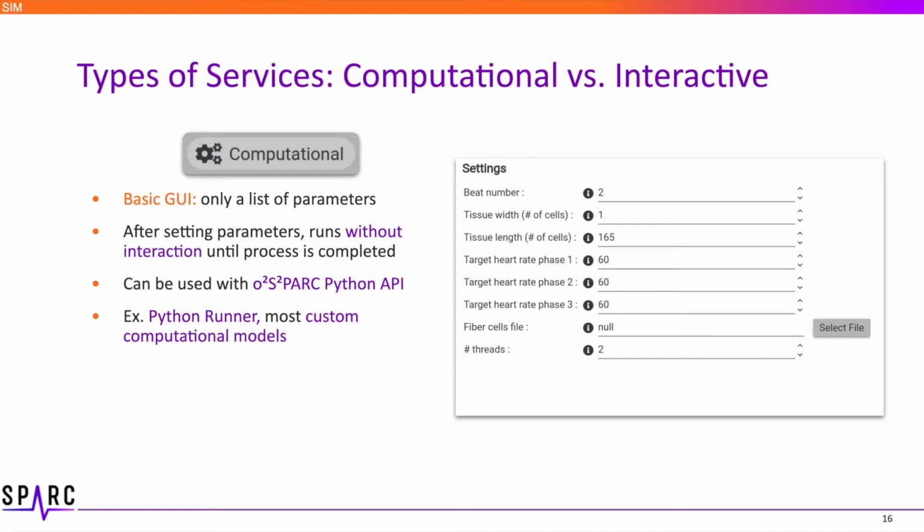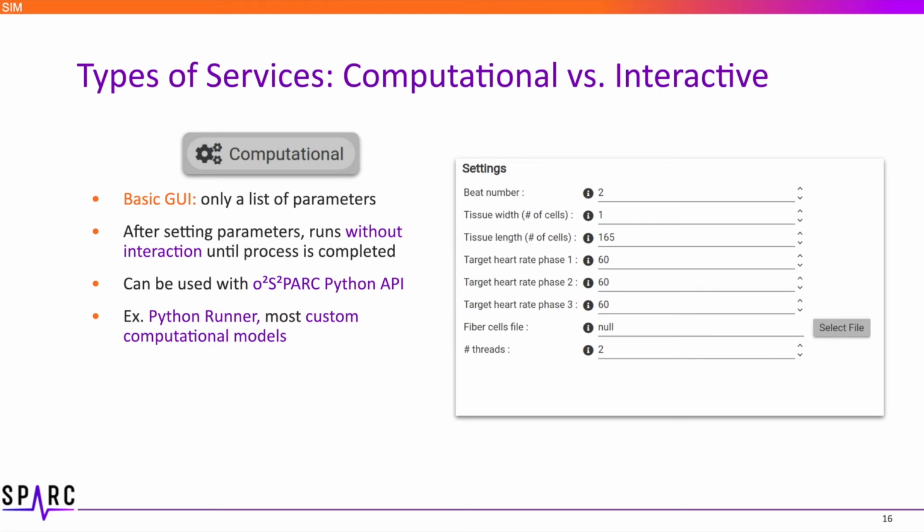And these can be integers or strings or files. They can really embody a lot of things, but the main thing about computational services is that after you set these parameters, it runs without any kind of user interaction until that whole process is completed.